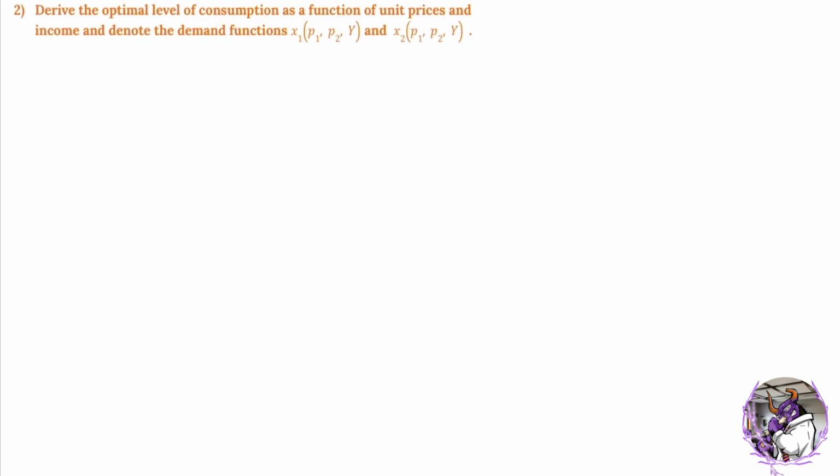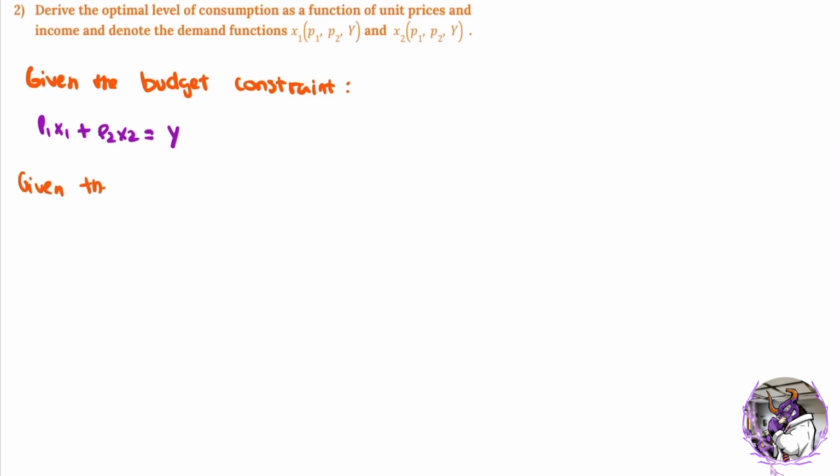Question 2. Derive the optimal level of consumption as a function of unit prices and the income, and denote the demand functions x1(p1, p2, y) and x2(p1, p2, y). Given the budget constraint p1 times x1 plus p2 times x2 is equal to y, where y is our income.